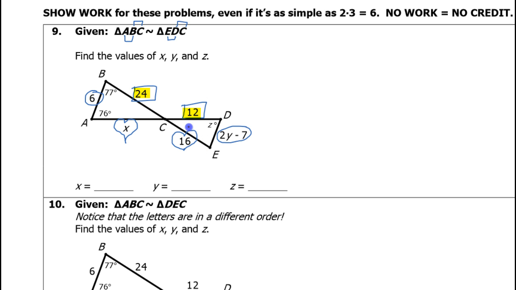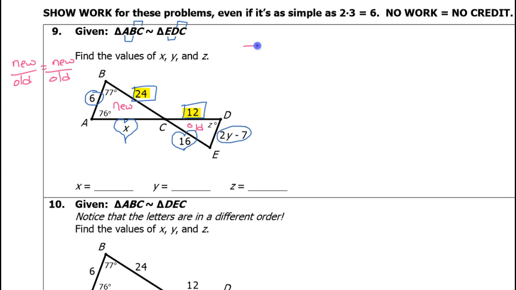I usually treat the small triangle as the old and the larger triangle as the new, but it doesn't really matter. But that's the way I'm going to do it. So when I do my proportions, I will always do new over old is equal to new over old.